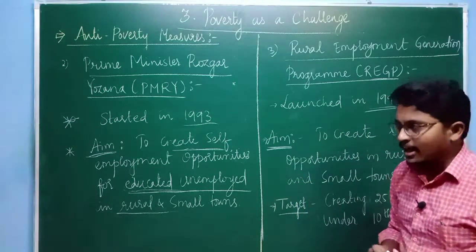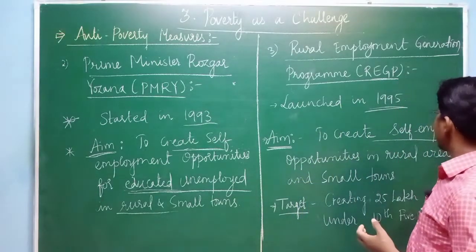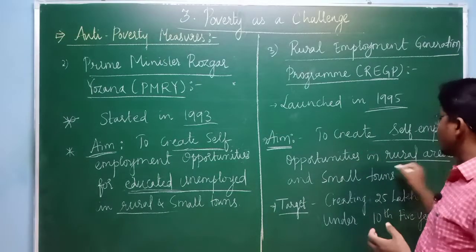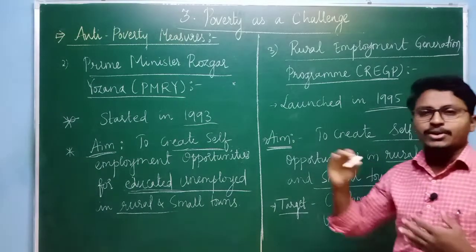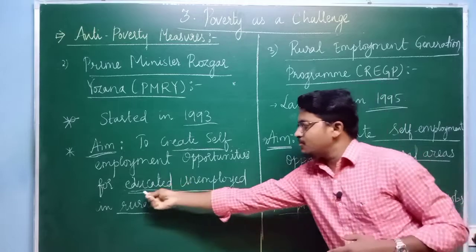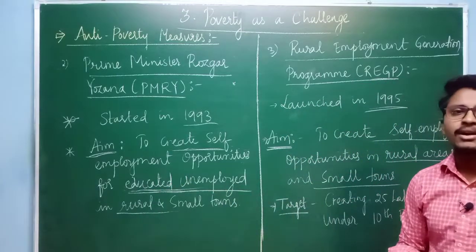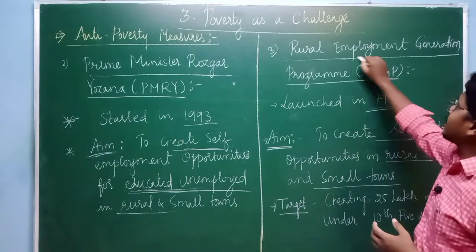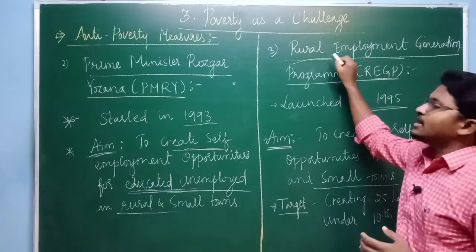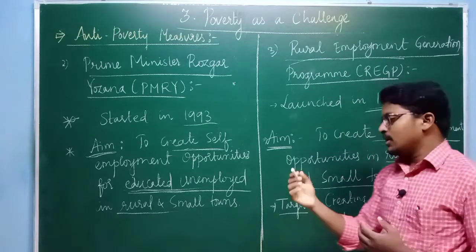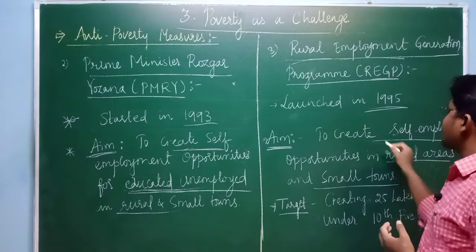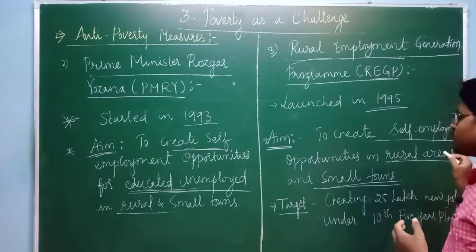And the main aim of this scheme is to create self-employment opportunities in rural areas and small towns. Here, when we discussed the earlier one, it was for educated unemployed, but here it is trying to create employment mainly for rural areas, and at the same time it also aims to create jobs, or self-employment, in smaller towns.